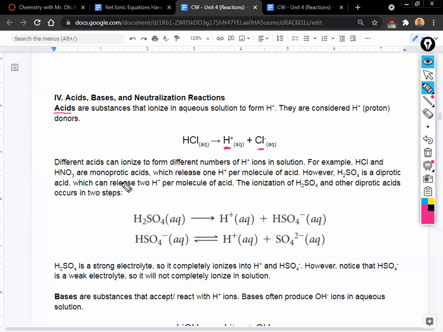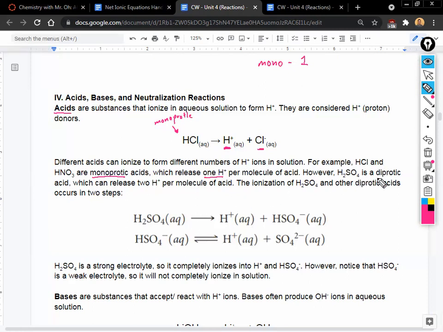So with acids, there are different types of acids. Okay, the first type of acid we're going to talk about are monoprotic. Mono means one, so they release one H plus. So this right here, HCl, is an example of a monoprotic acid because it only has one H plus, one proton to give away.